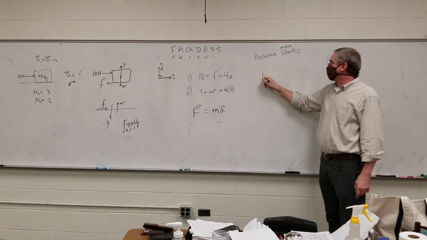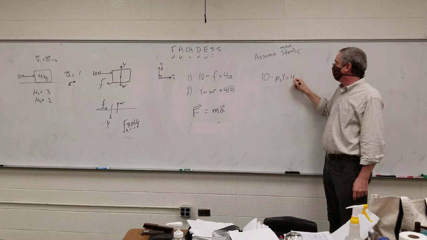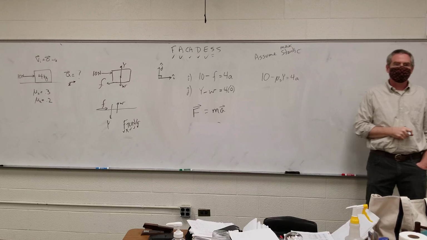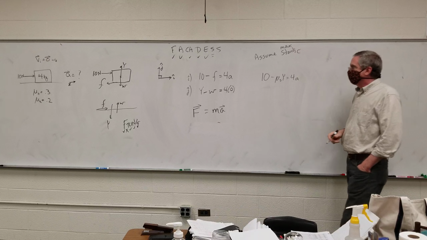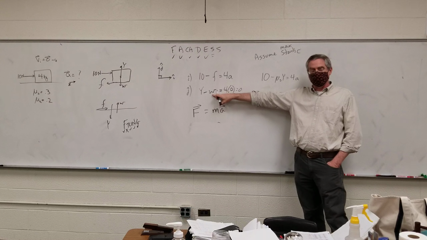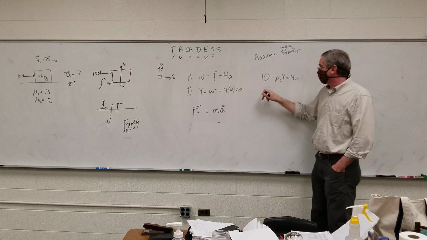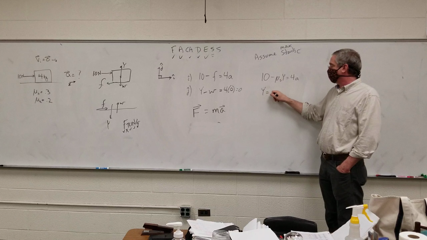So my substitution here becomes 10 minus mu sub s times y is equal to 4a. The second one, I'm going to go ahead, this is equal to 0 here. We have a formula for weight, which is mg, and so I'm going to bring it over to the other side, so I have y equals mg.